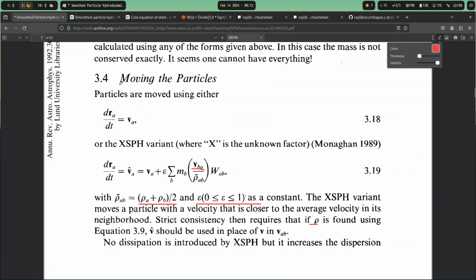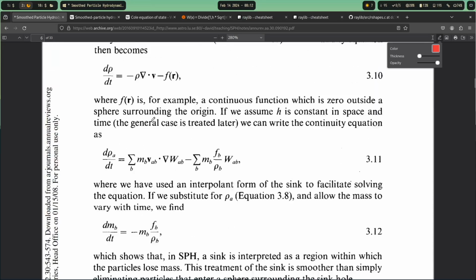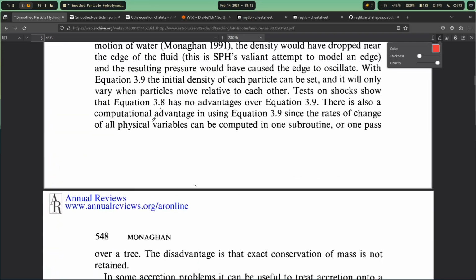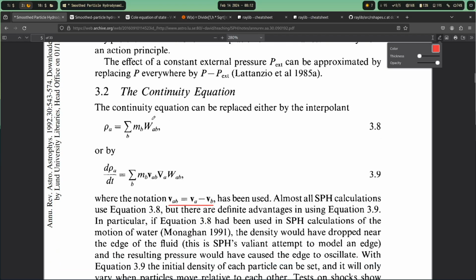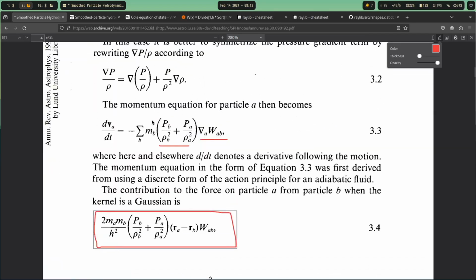Because here the momentum, or like the where, I mean, we just did everything.